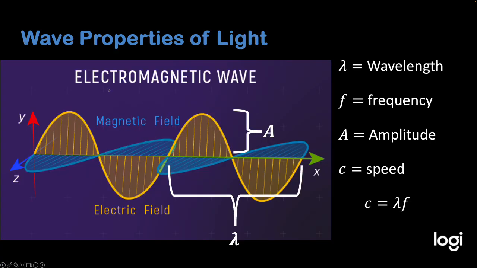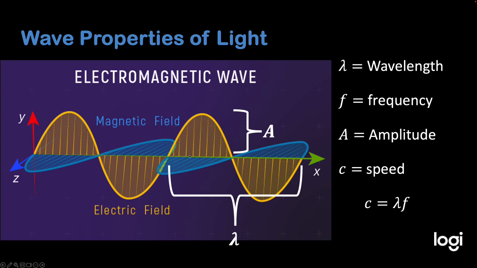So when we say light is a wave, that means it has a bunch of properties that we should talk about. That means it has a wavelength, meaning how far in physical space does it go from one node here, where it's at zero amplitude, all the way up and all the way back down and back to where it started.